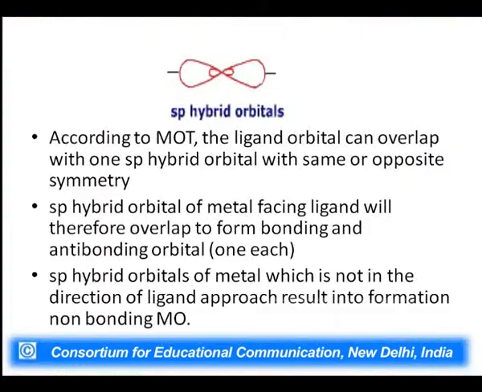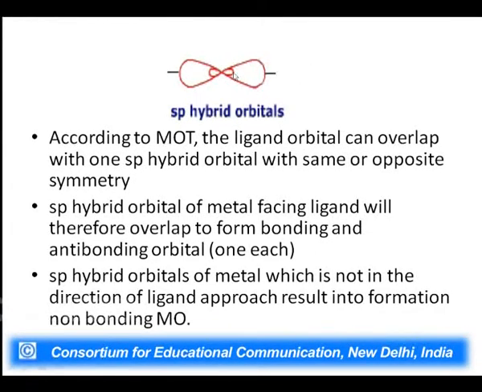Now let us also try to understand what happens if we consider the same complexation through the MOT. That will tell us the difference in approach for the two models. If you go by the MOT theory, the ligand orbital can overlap with one of the sp hybrid orbitals. Let us say the ligand is approaching from this side to these two sp hybrids.